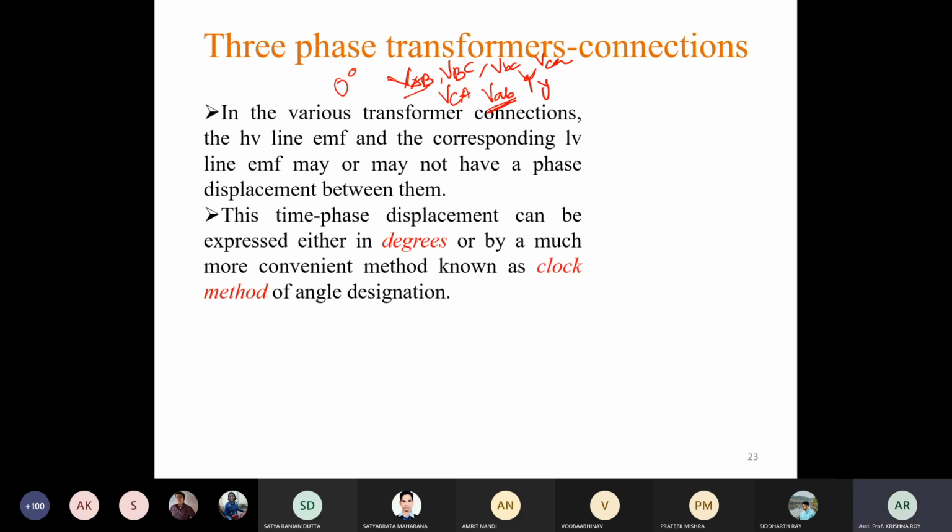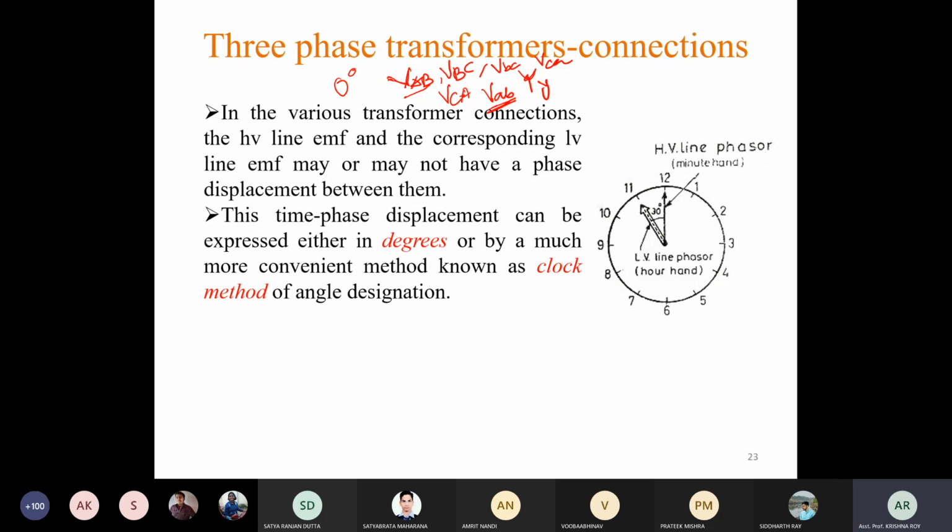This phase displacement can be expressed either in degrees or by a much more convenient method known as the clock method of angle designation. Here you can see the dial of a clock, where the minute hand, which has the maximum length, denotes the high voltage line phasor, and the hour hand, which has the smallest length, denotes the low voltage line phasor.